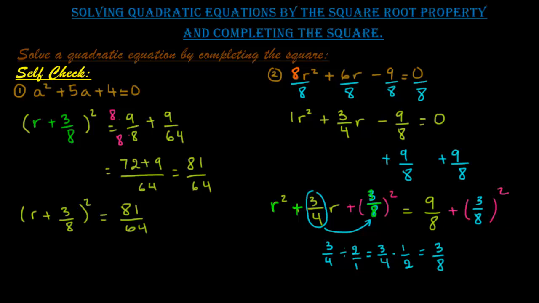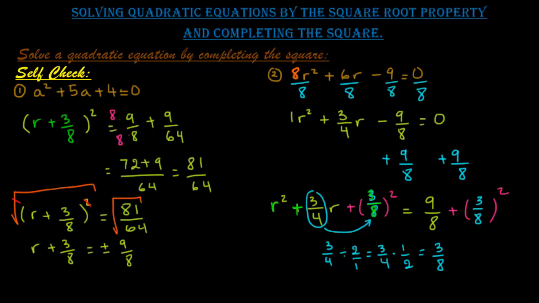To get rid of the square, we take the square root on both sides. When we take the square root on both sides, the square and square root cancel out, leaving us with r plus 3 over 8 equals the square root of 81/64, plus and minus 9 over 8.